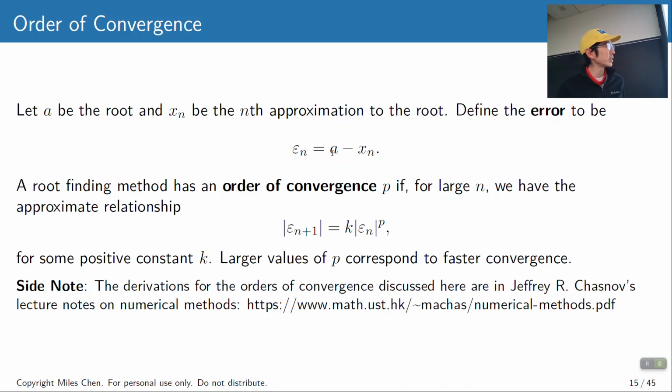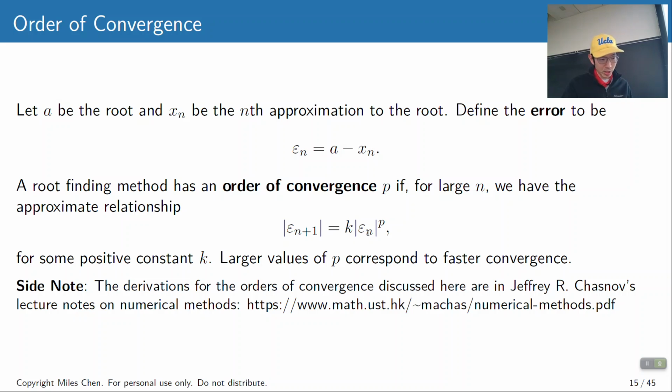Okay, so we have the root is a, our approximation is x sub n at time n, and the error is epsilon sub n, right? So the error at time n is epsilon sub n. And then we think about, okay, how does the next value, epsilon at time n plus 1, compare to epsilon at time n?